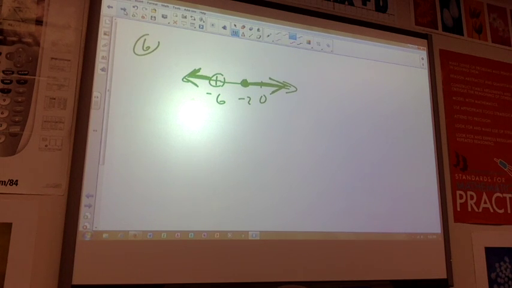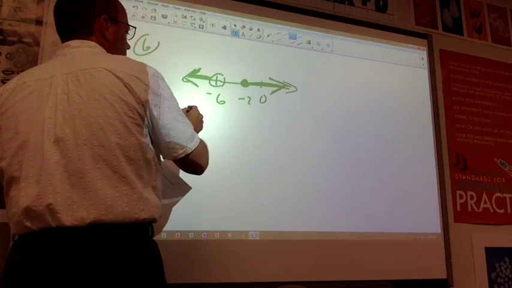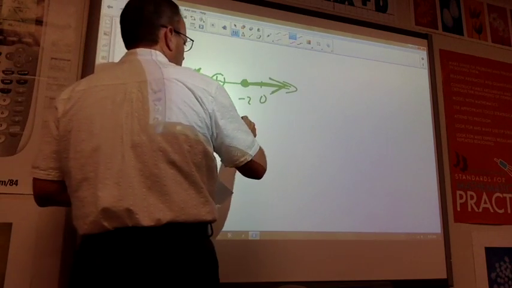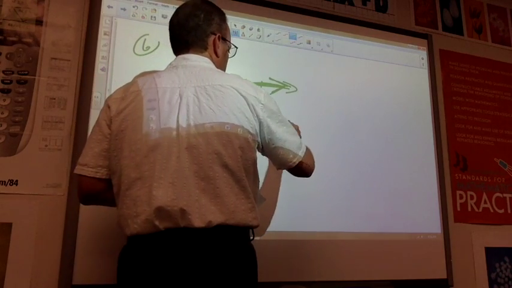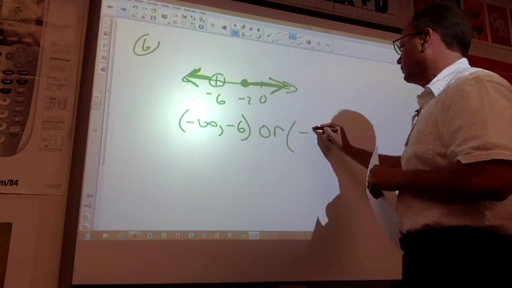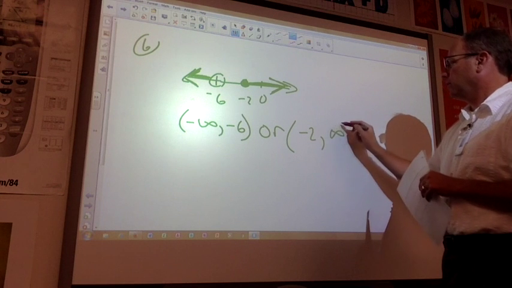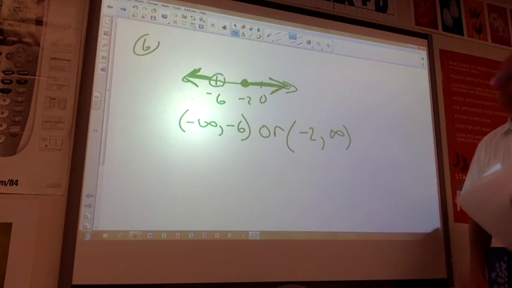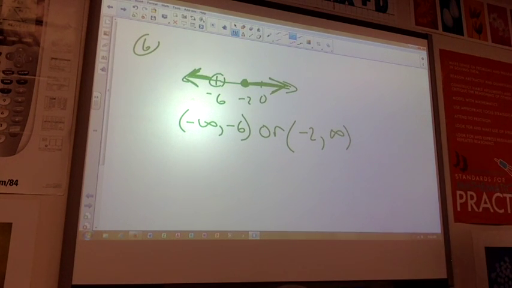Oh, excuse me. All right, so if we were to write this as interval notation, it's going to look like this. Cool. So that's how you write the interval notation of this.